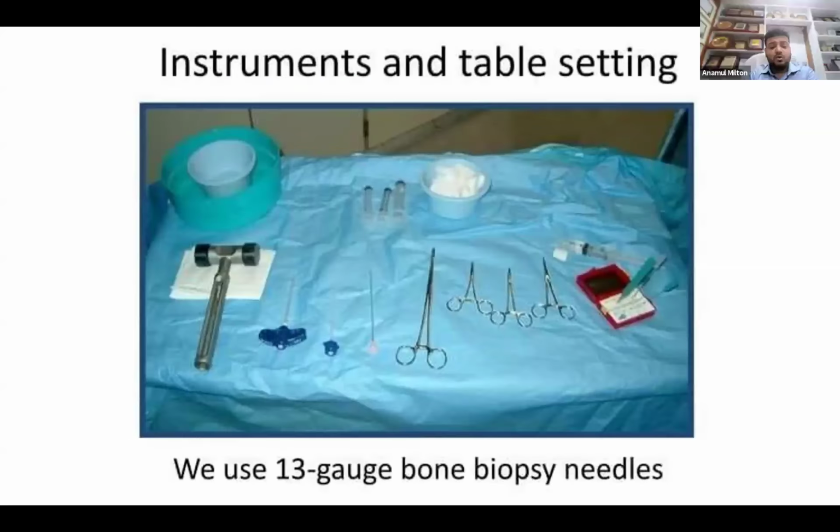Okay. So these are the common instruments we need during the procedure. This is the plastic bowl, and this is the hammer. Sometimes we need the hammer, but especially in osteoporosis we do not need the hammer, because hand feeling is very important.